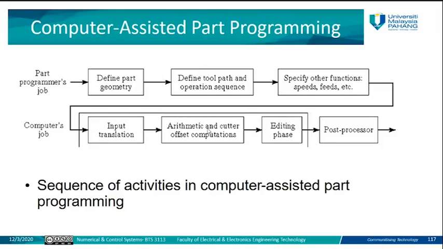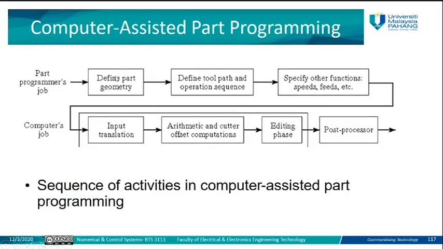After the human does this task, it will be sent to the APT. So the APT will accomplish the next task. It will translate the program, then do arithmetic and cutter offset compensations that are required by the CNC machine, then the editing phase, then the post processor.